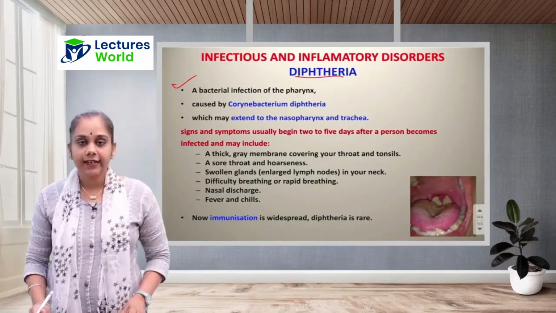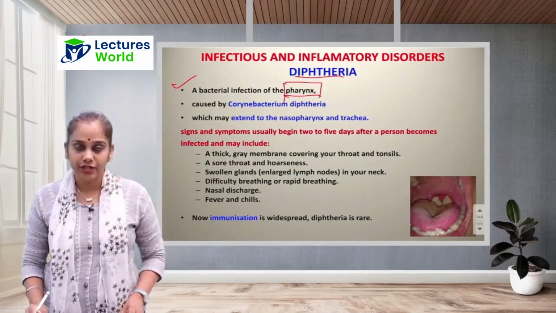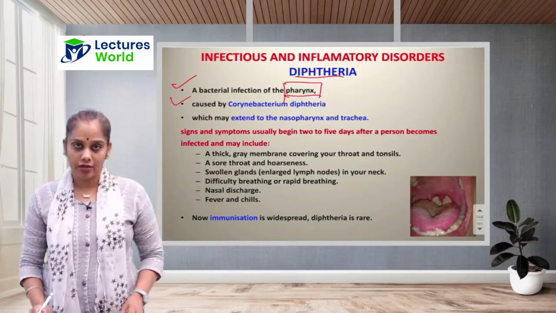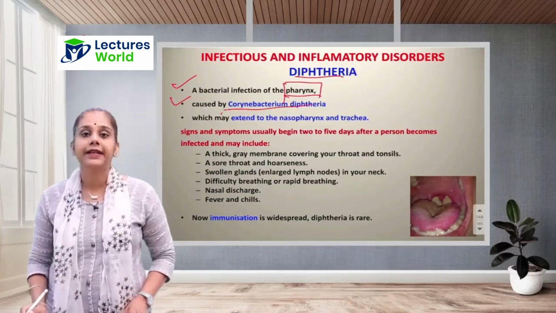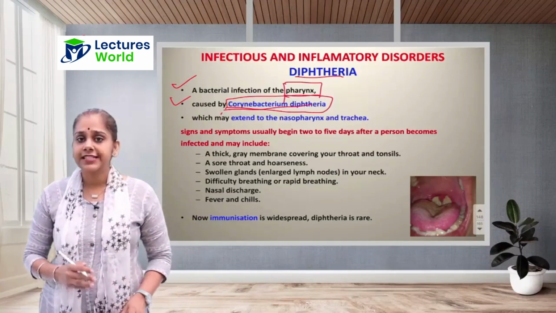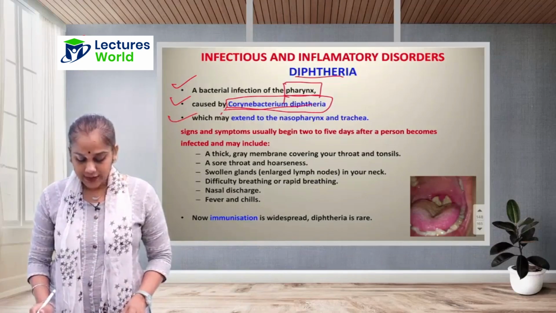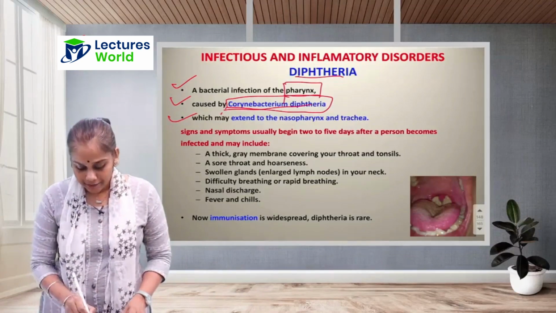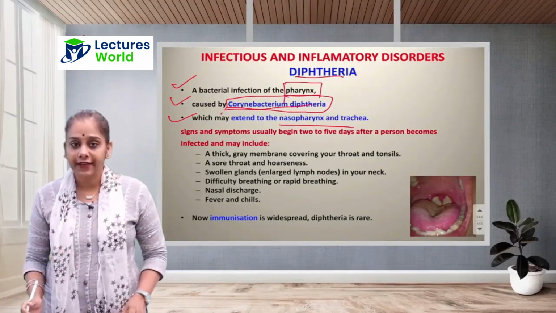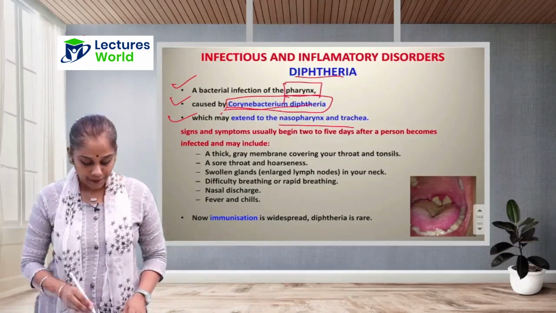It is a bacterial infection of the pharynx, caused by a specific organism known as Corynebacterium diphtheriae, the causative organism for diphtheria. It may extend from the nasopharynx to the trachea, with bacterial infection by Corynebacterium diphtheriae.